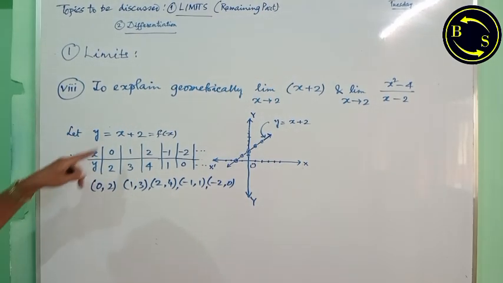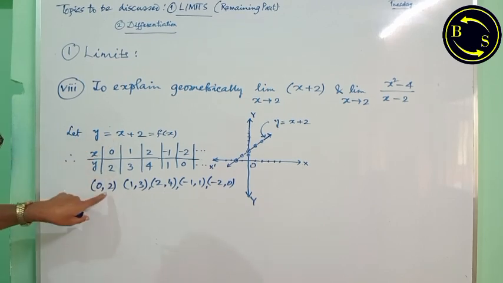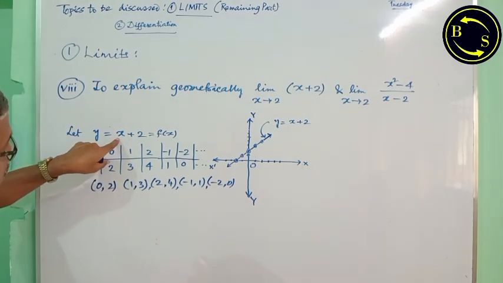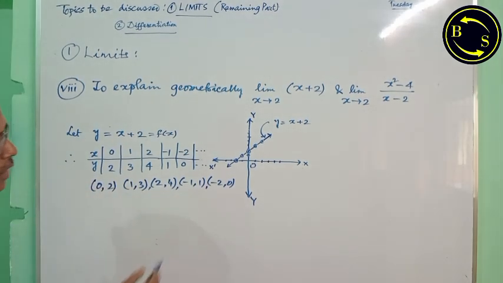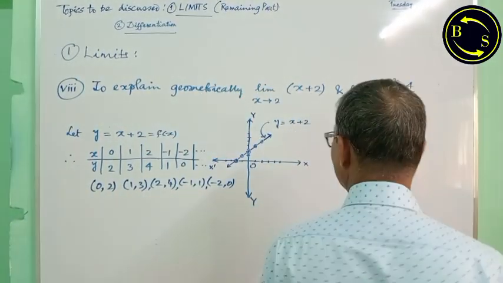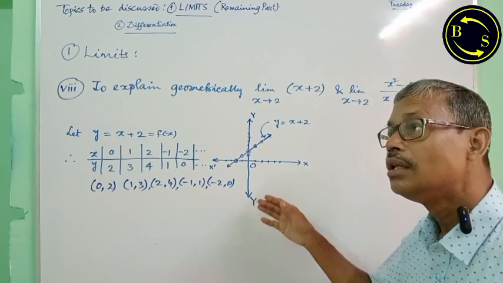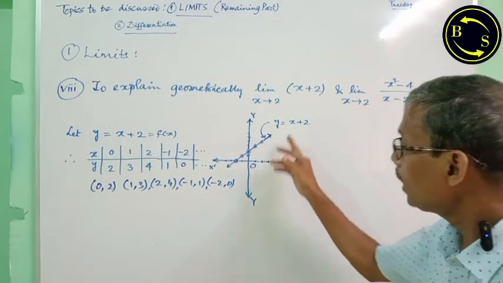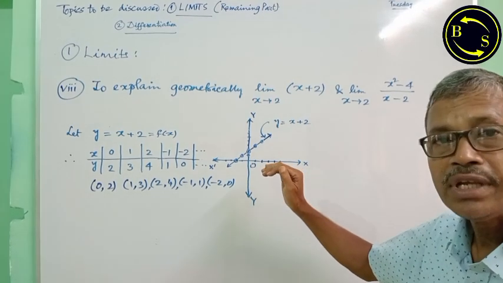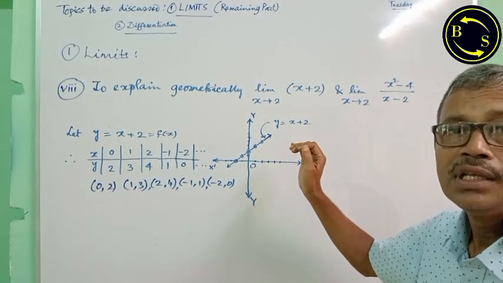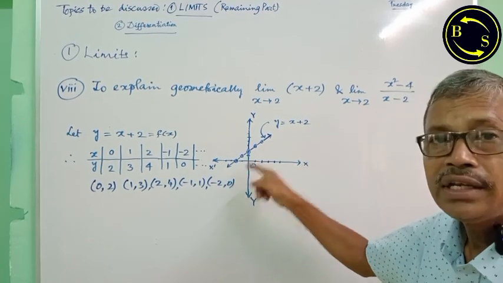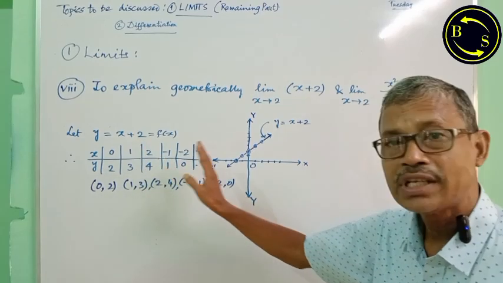Obtained from this: when x equal to 0, the value of y is 2, when x equal to 1, the value of y is 3, when x equal to 2, the value of y will be 4, etc. And I plotted those points according to a specific scale used in drawing the graph. Then I have joined those points by a straight line segment. Also I have extended the segment on both sides, and this straight line indicates the graph of y equal to x plus 2.